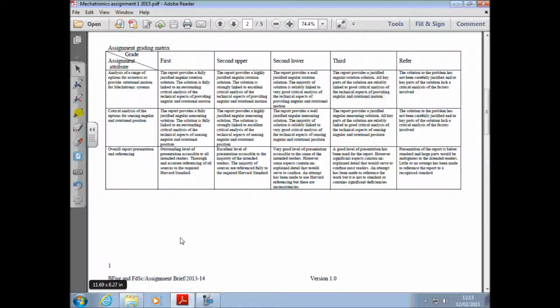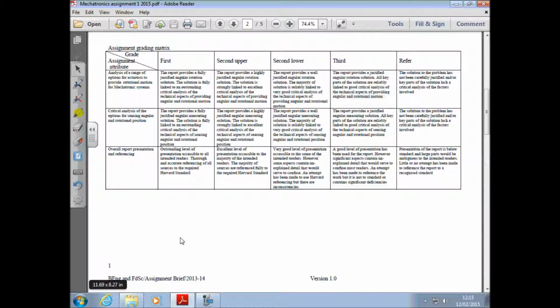So when I say linked, you know, what you're saying, your justification should be based upon what your analysis of the two different types of motor are, because quite often what I get in assignments, that link isn't there.